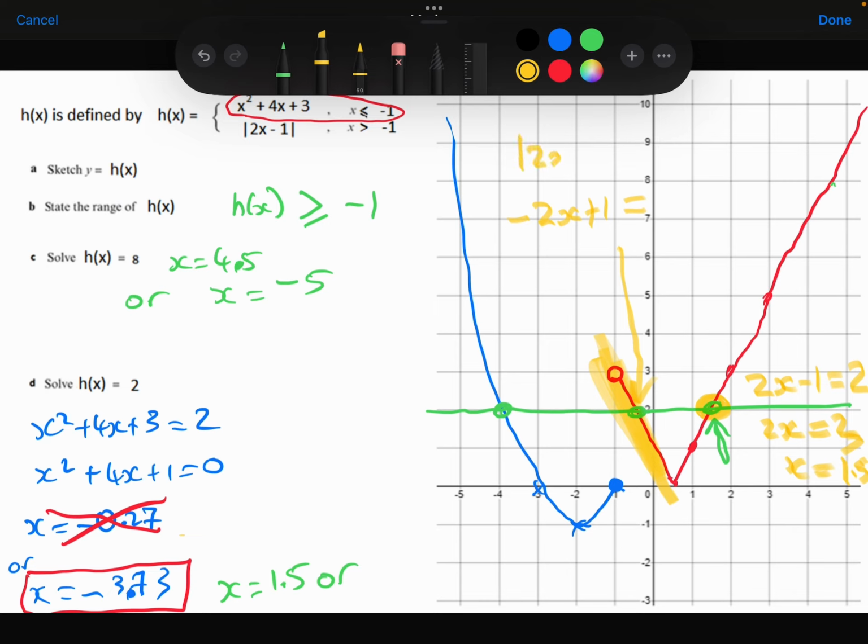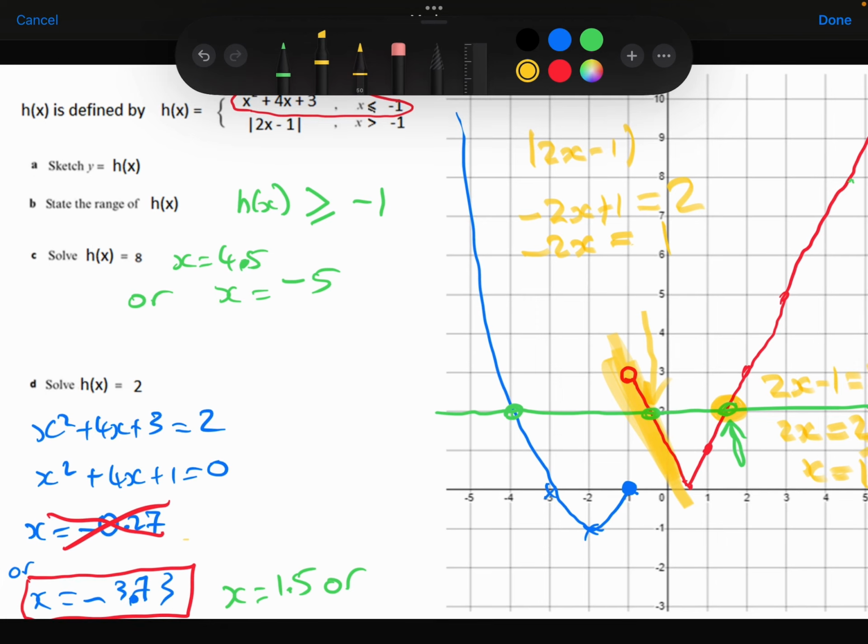So I've just taken the modulus of 2x minus 1, and then I've times this by minus 1. And let's now find when does that equal the 2 that we're looking for. Subtract the 1 from both sides. Divide both sides by minus 2, and we get minus 1/2. And so that is the third solution.